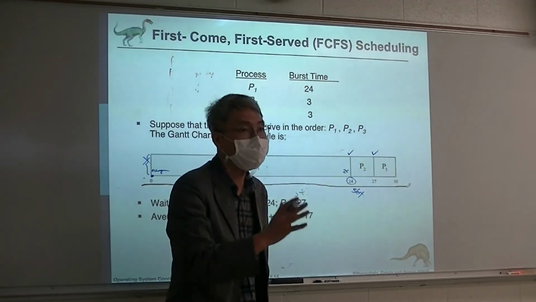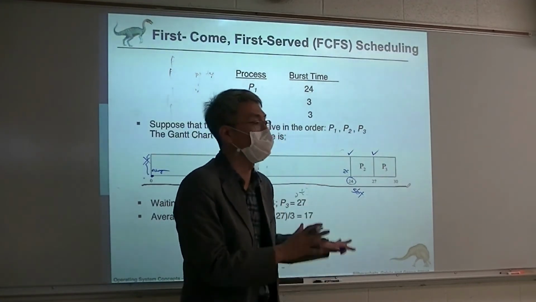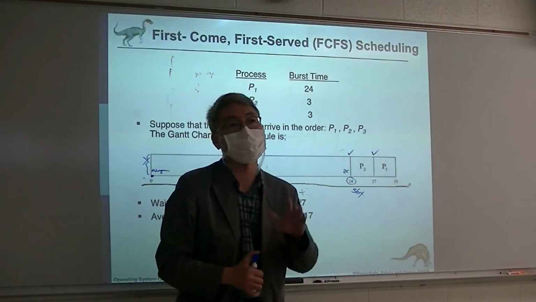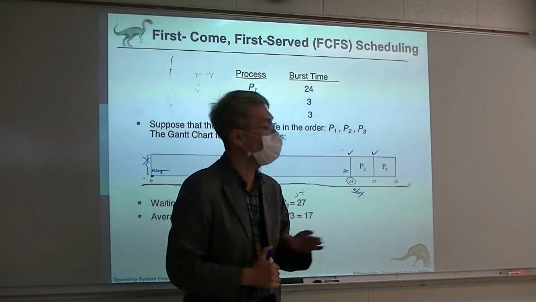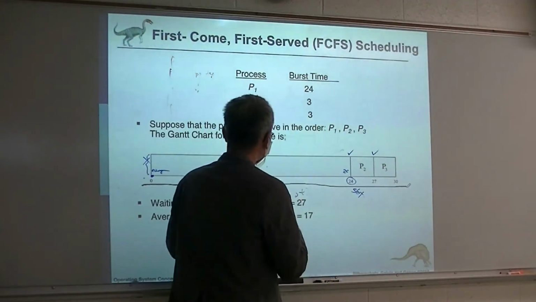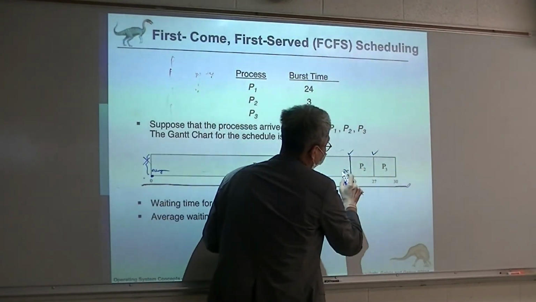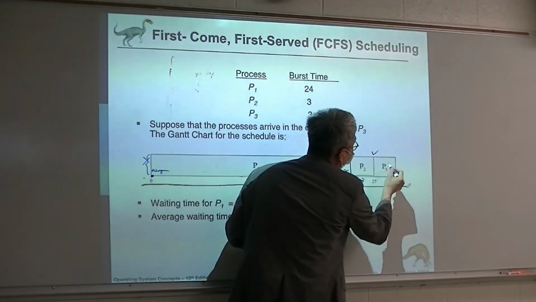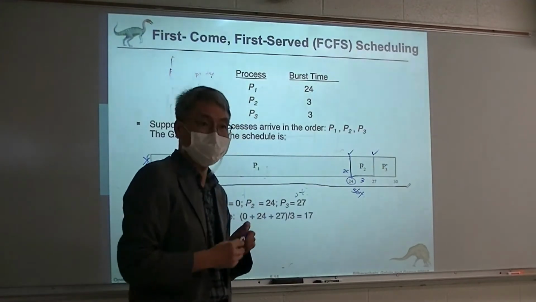But in our class, to simplify, we are not going to use a specific unit. This is just a time slot. Then P1 is done. Then P2 is selected, takes 3 time slots, and then is followed by P3 like that.